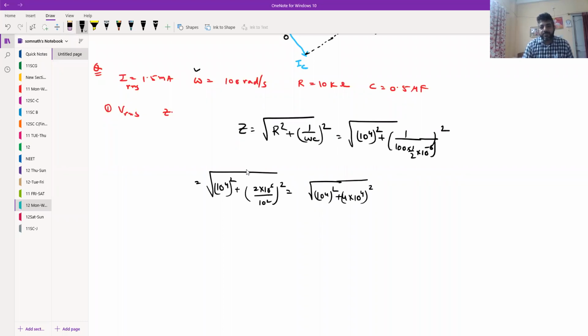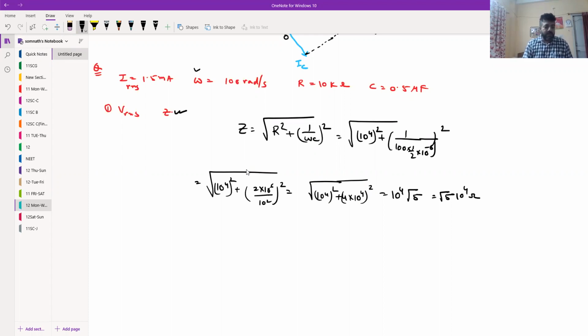Taking 10 to the power 4 common, you get root 5. So Z is root 5 into 10 to the power 4 ohm. So I get the value of Z, the impedance.